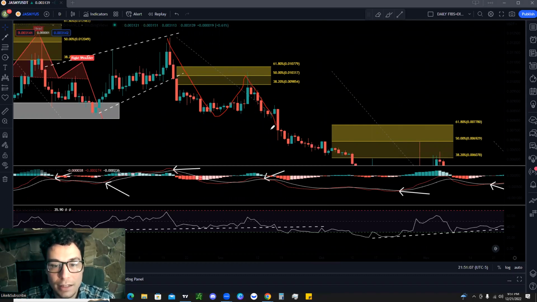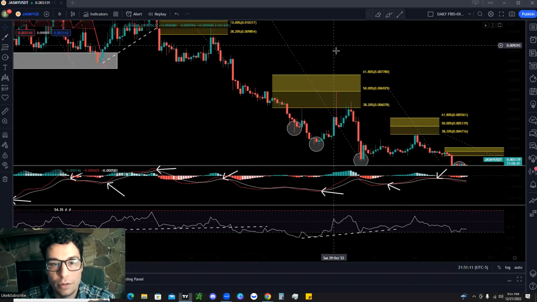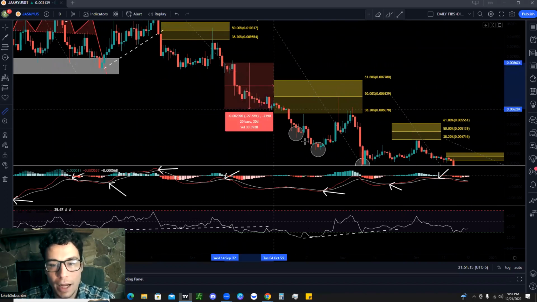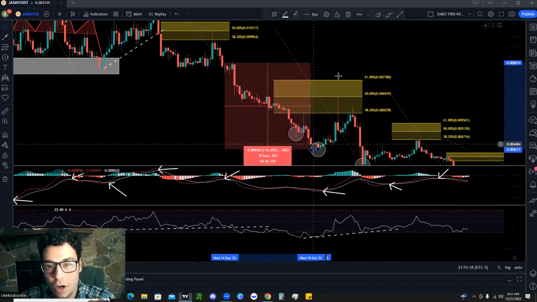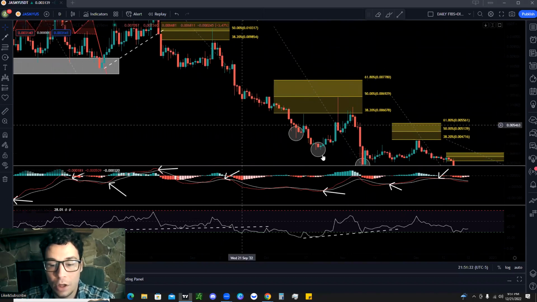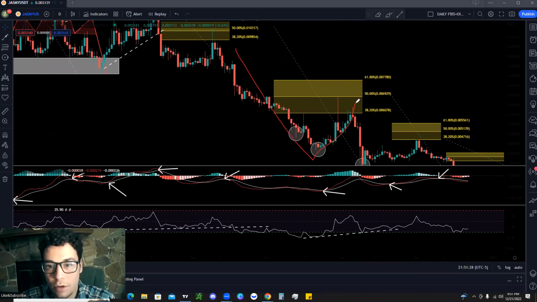We end up getting a MACD sell signal right here, and we get a very significant drop to the downside, right? Yet again, combining some of our signals together. It dropped over 50%, it definitely dropped more than that, but we can kind of use that as a basis. And then we're still just continuing that habit of retracing up to our 50% retracement level and then continuing the downtrend.